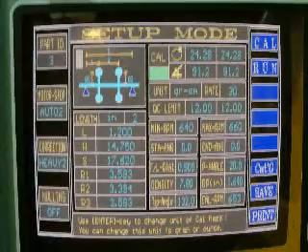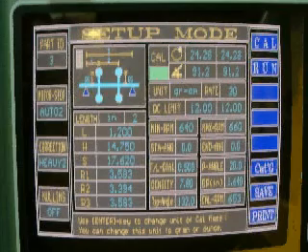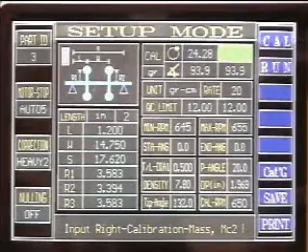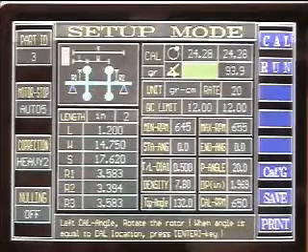Going to the upper right hand side is the calibration information. First is the unit of measure of the mass in ounces or grams. Next, located here, is a left plane and right plane value for the calibration mass. Below this is the left and right plane angular location of the mass.